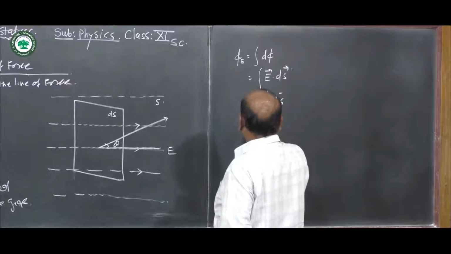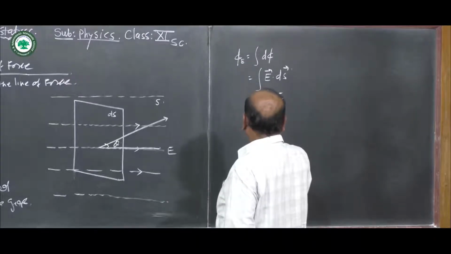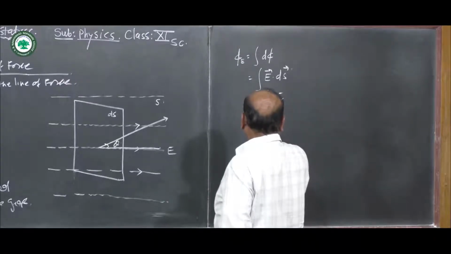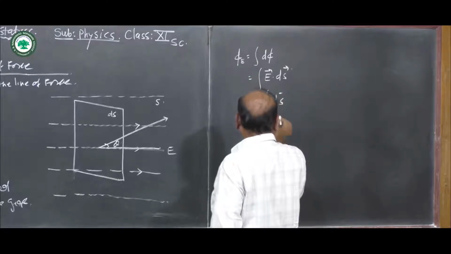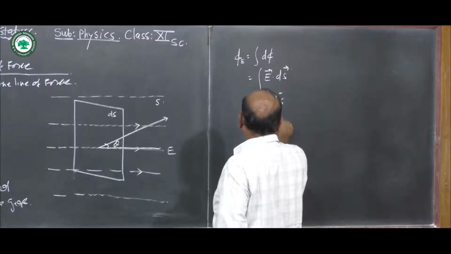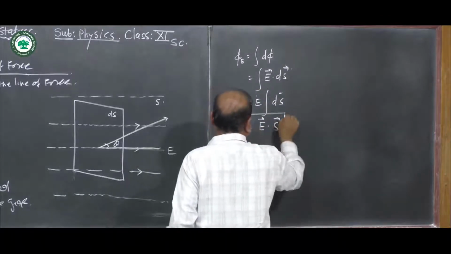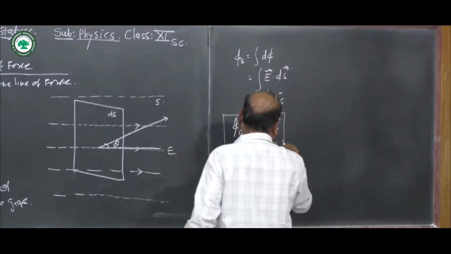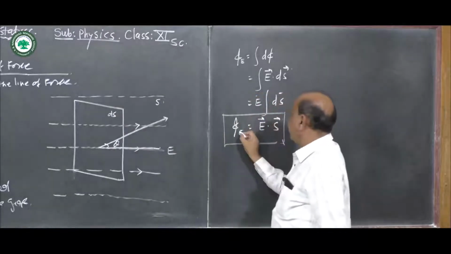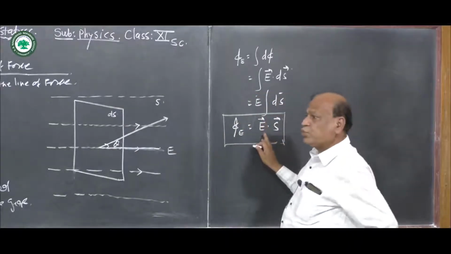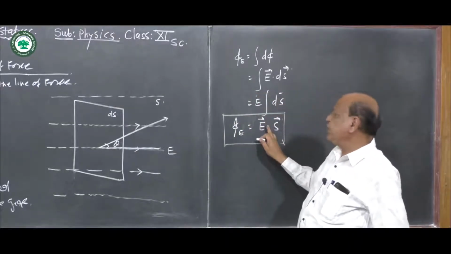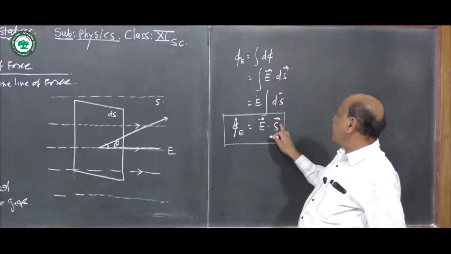So the total electric flux is E bar dot S bar.